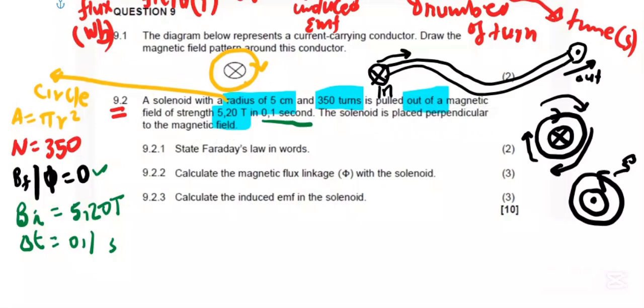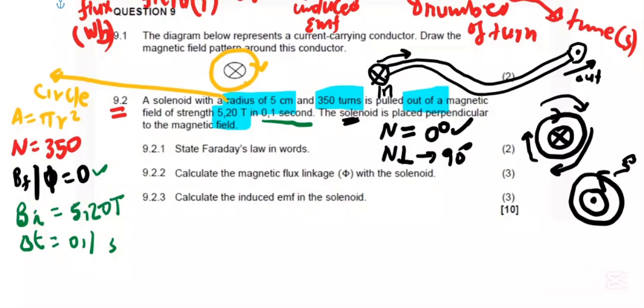Once they say the solenoid is perpendicular to the magnetic field, you must know that the normal is parallel to the magnetic field. Therefore, theta is 0.